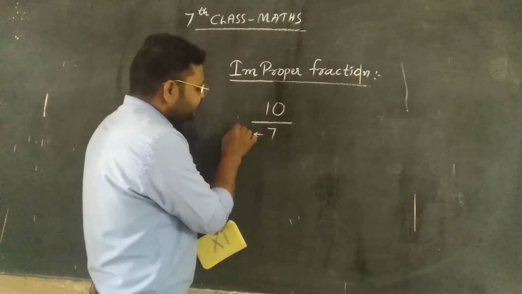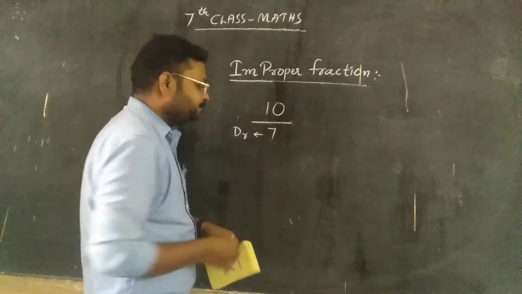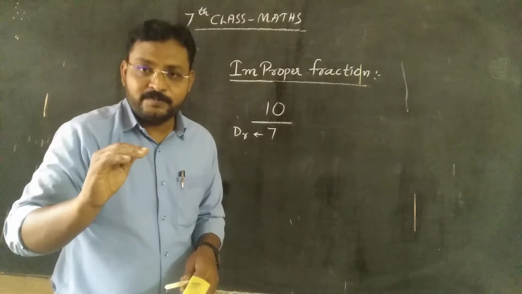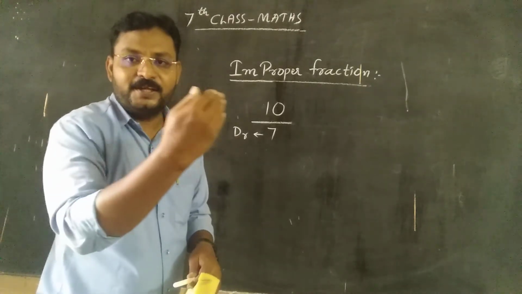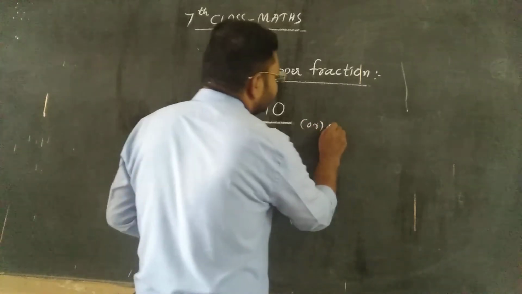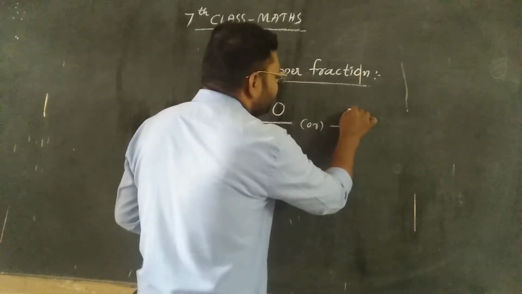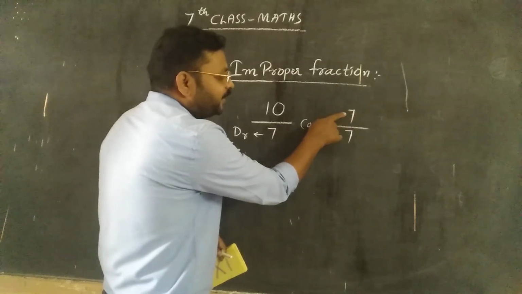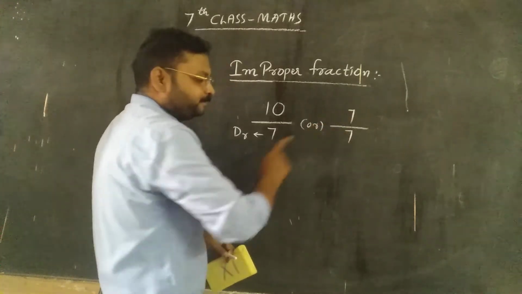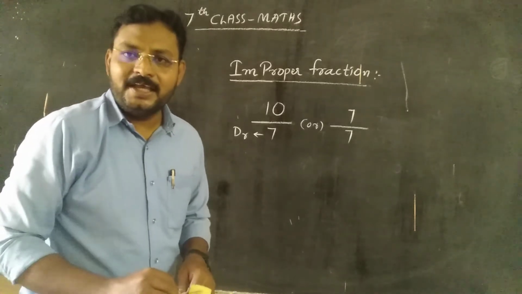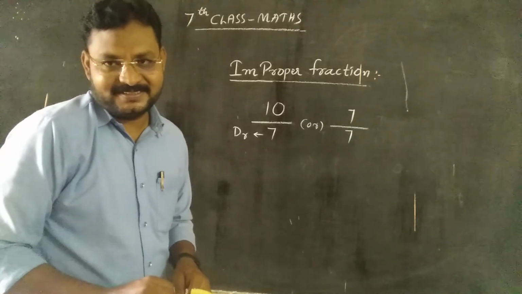If the denominator is smaller than the numerator or equal to the numerator, both are equal, these two types are called improper fractions.